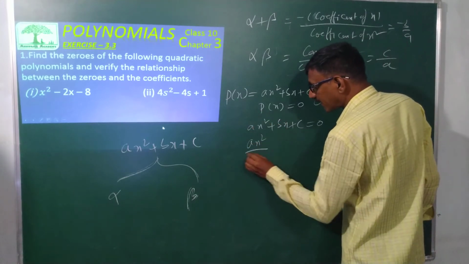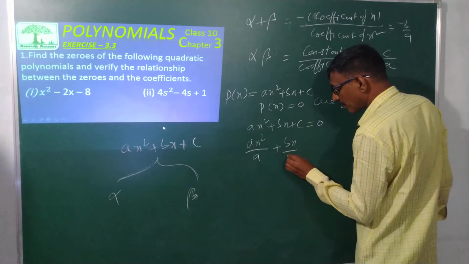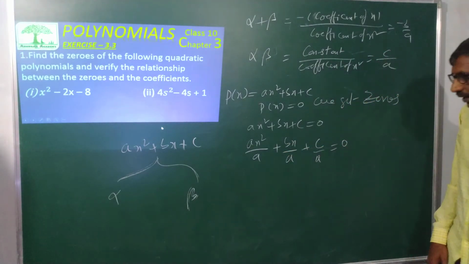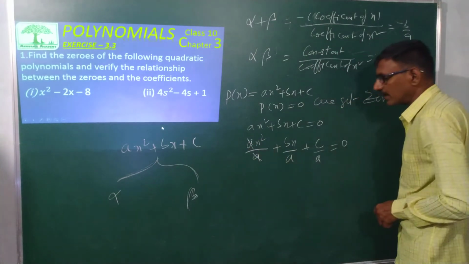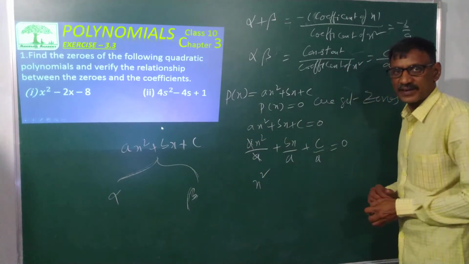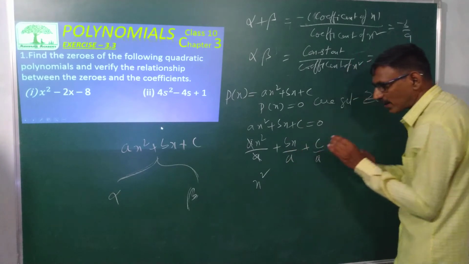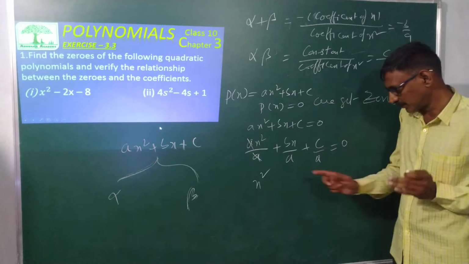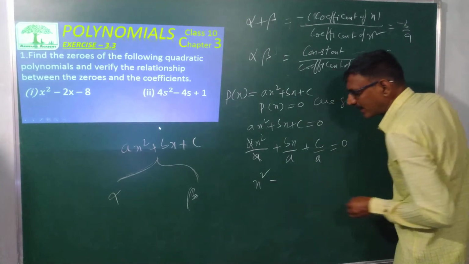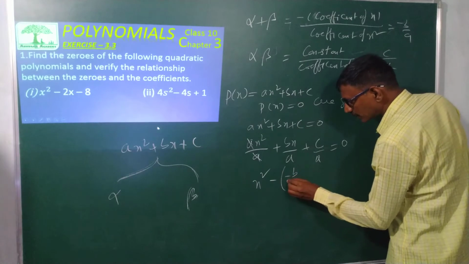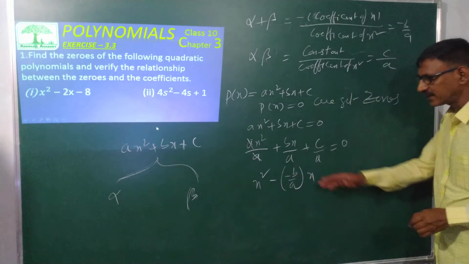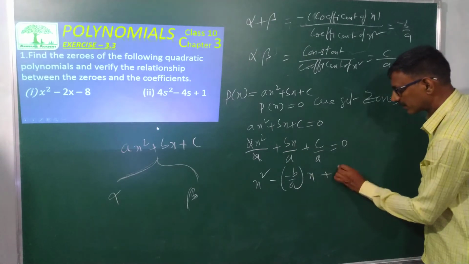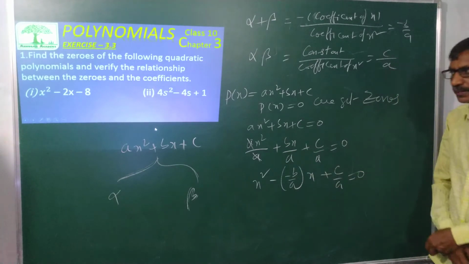Then ax square by a, bx by a plus c by a is equal to 0. The a gets cancelled. Here I have x square. Here I would like to make a little modification in this term: minus b by a into x is nothing but minus into minus, plus b by a into x, plus c by a is equal to 0.